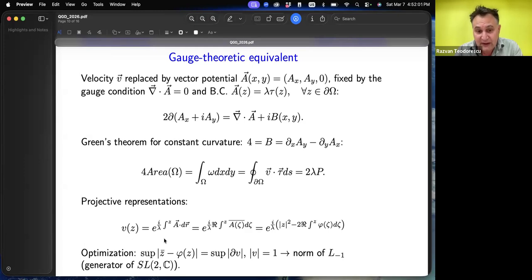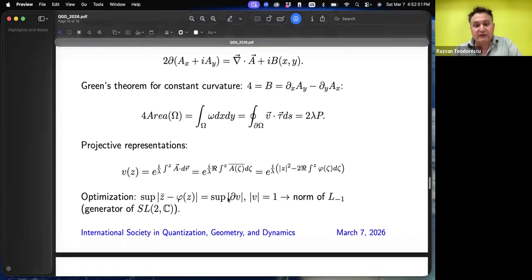Projective representations Vk that I provided earlier, which are again the exponentials of those integrals along the boundary component or continued in the domain, in this case of the gauge field, are naturally associated with an optimization problem because, as one can easily see, taking the derivative in this function Vz and restricting it to the boundary, the minimization of the distance between z bar and the best approximate is exactly the same as finding the extreme of the norm of the generator L minus 1 in the group of Möbius transformations, the simple derivative.